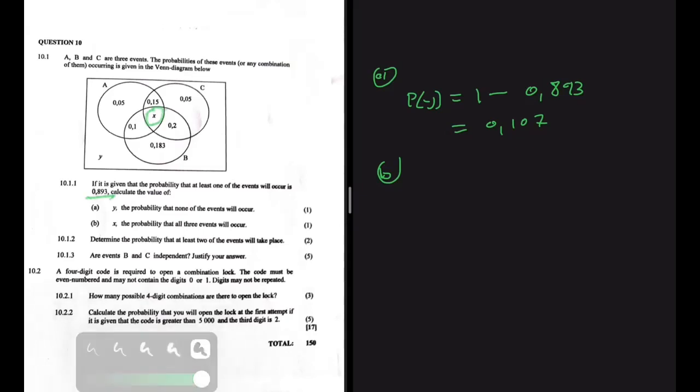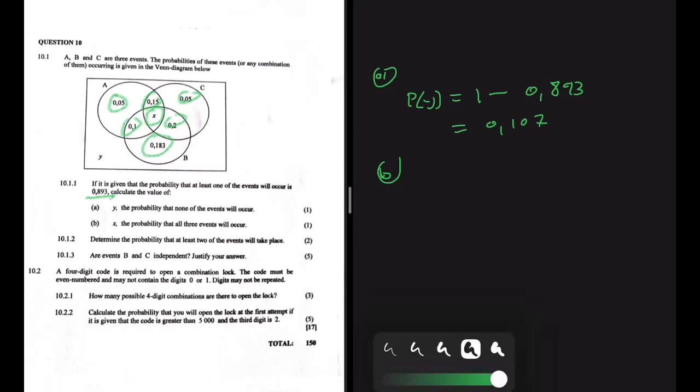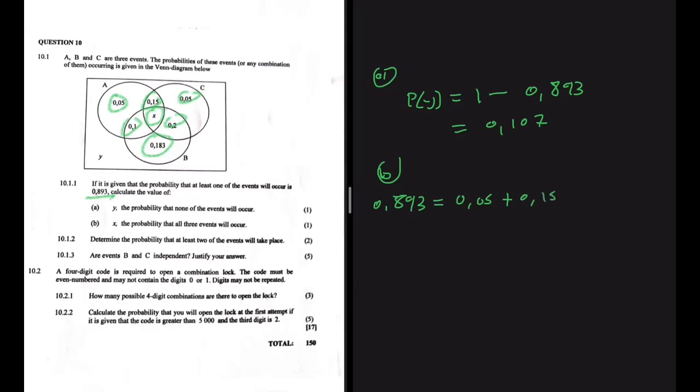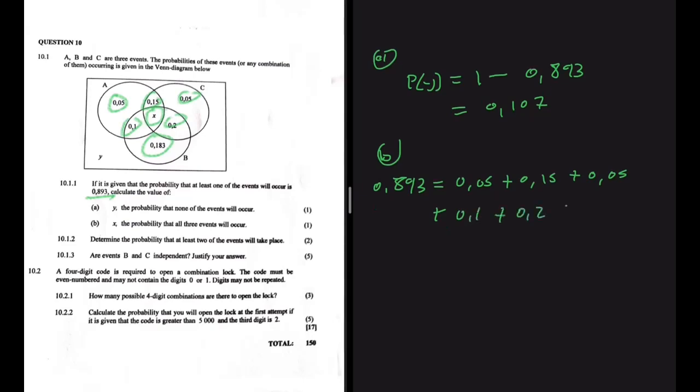So all these probabilities that we see here should be equal to 0.893, right? So if we do that, we're going to get 0.893 being equal to 0.05 plus 0.15 plus 0.05 plus again 0.1, 0.2, and 0.183 plus x. Now we're just solving for x.